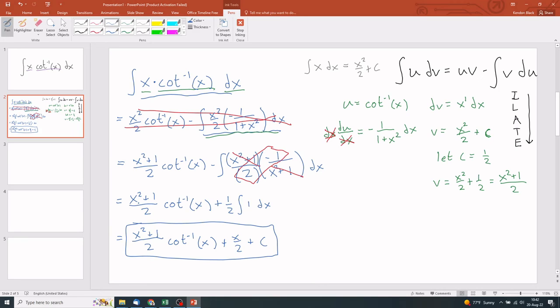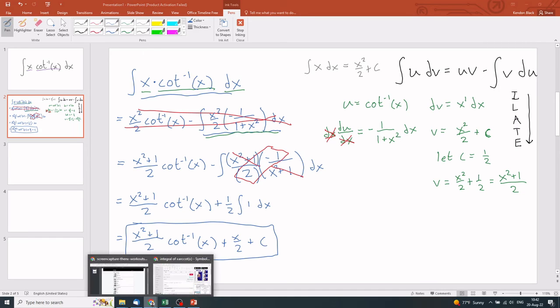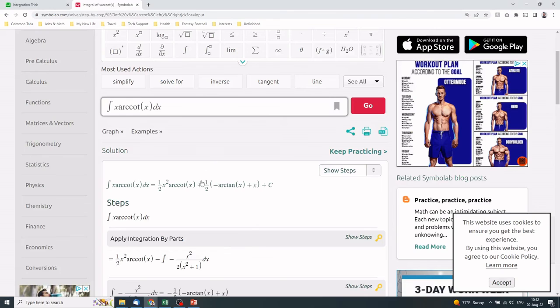Now, there's one final thing I want to say about this. If you try to look up the answer to this integral on a solver, you might get something that looks slightly different. I actually use Symbolab just to check my answer, and you can see here that I got something that looks a little bit different from our answer. They have this negative arctan here.